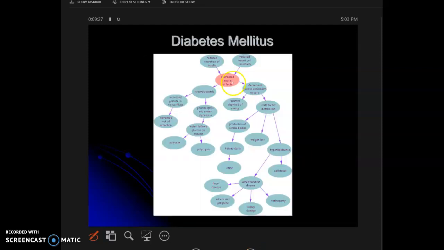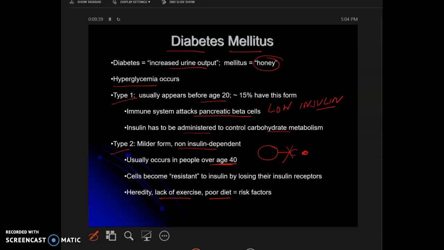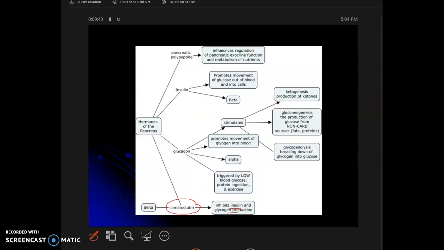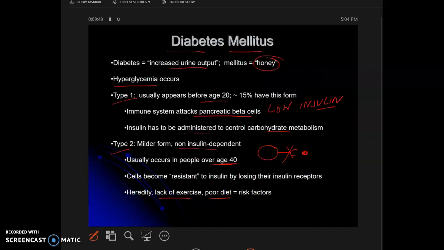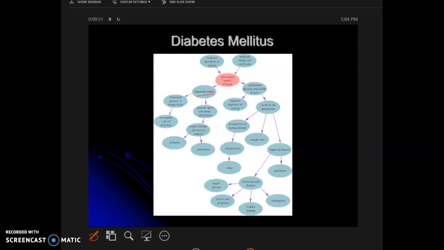If there's decreased insulin, there is a high amount of blood glucose, yes? We talked about that in the last slide. In either case, what does insulin do? It will drive the glucose into the cell, right? It will promote the movement of glucose into the cell. So there's hyperglycemia.